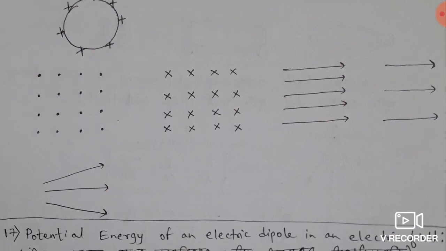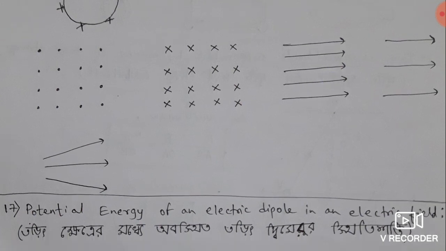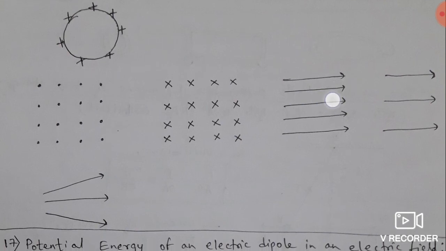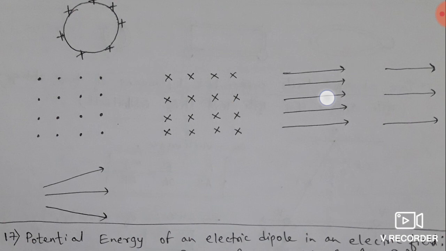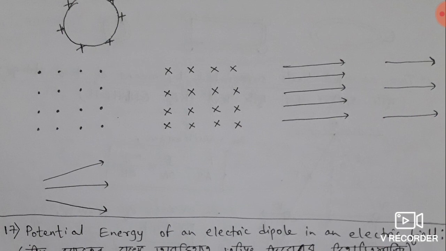Next, what does this picture indicate? This indicates a strong uniform electric field. Since the lines of force are very closely spaced and parallel, it is a strong and uniform electric field, and the source of this field is at infinity. Because these are parallel, the charge is placed at infinity.